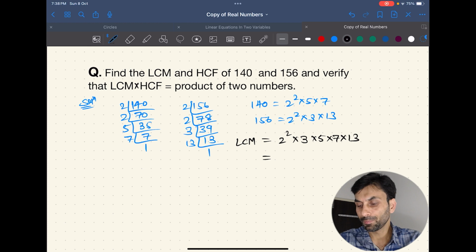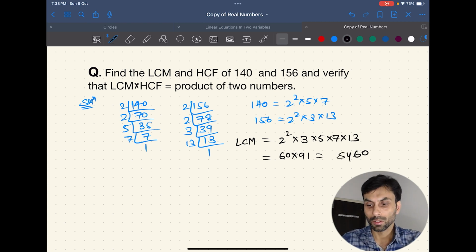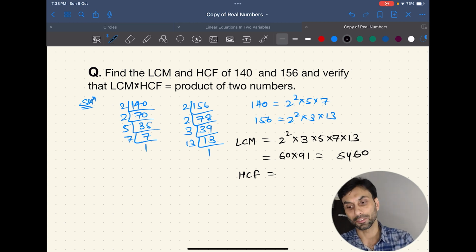Now if you multiply, 4 into 3 is 12, 12 into 5 is 60. So this will be 60 into 91, which is 5460. So this is our LCM. Now let's find the HCF. HCF is the product of the least power of common prime factors.